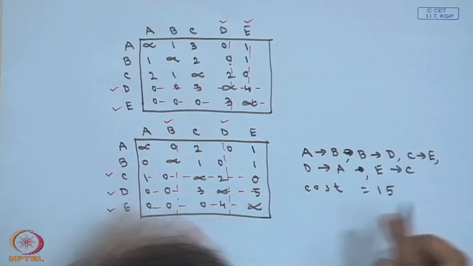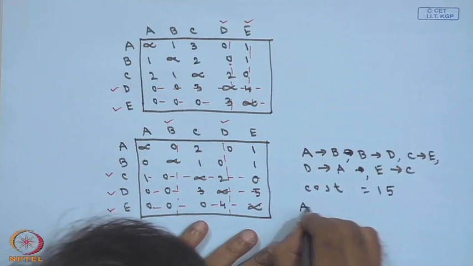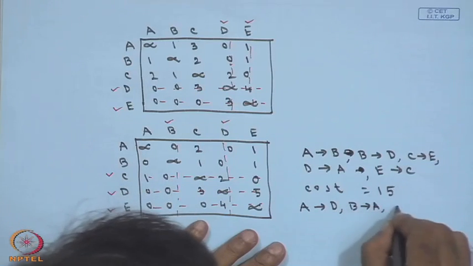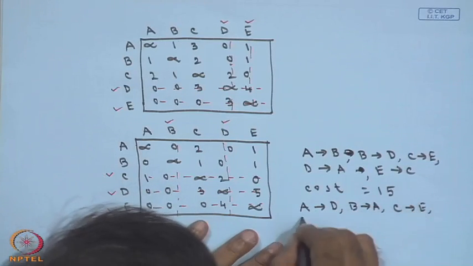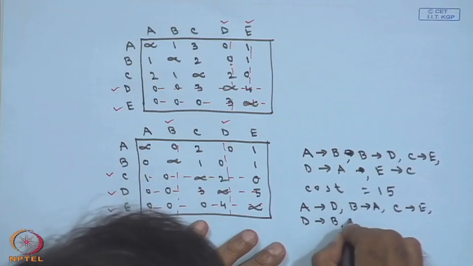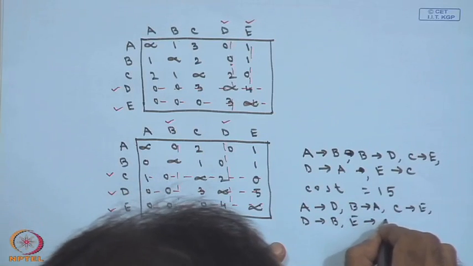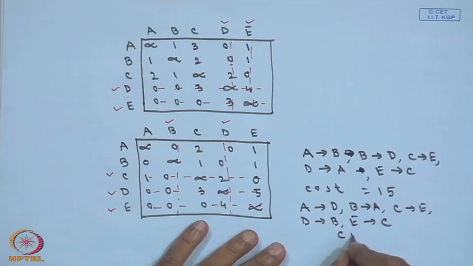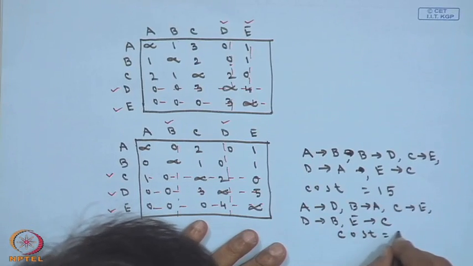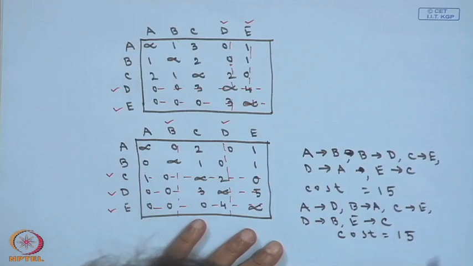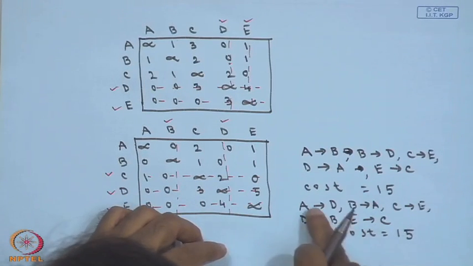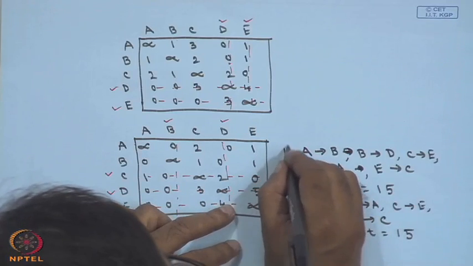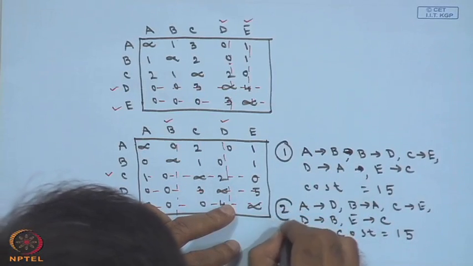Solution 2 you can obtain like this: A to D, B to A, C to E, D to B, E to C. Here also, if you calculate, your cost will become 15 only. But again this solution is also not satisfying the criteria of the TSP. So, this is solution 1, this is solution 2.